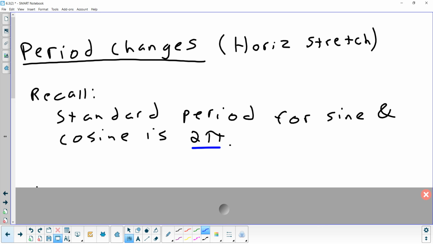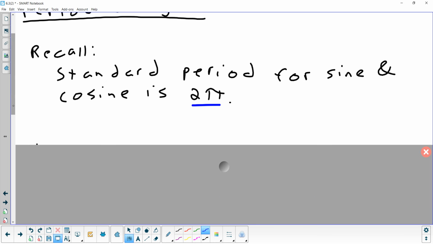We can make it longer, or we can make it shorter. Whenever we do a stretch or compression, what arithmetic operation is always involved? Yep, multiplication. Where do you think I'm going to do the multiplication for a horizontal stretch? Yep, inside the parentheses, right next to the x.